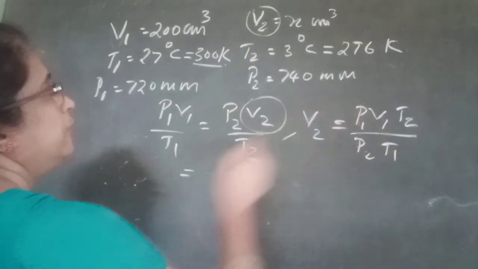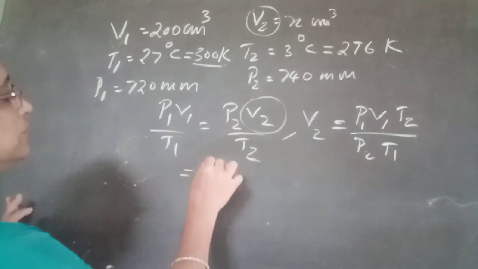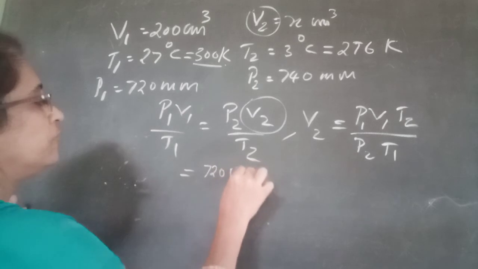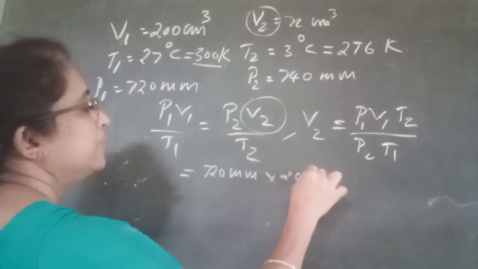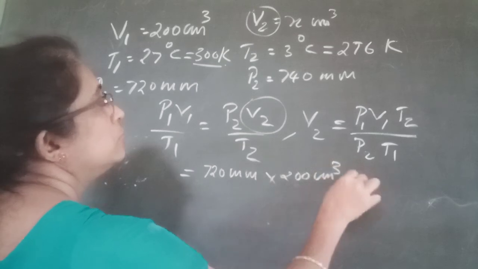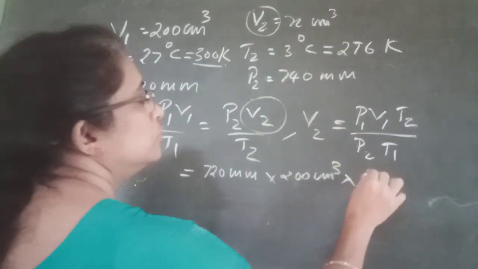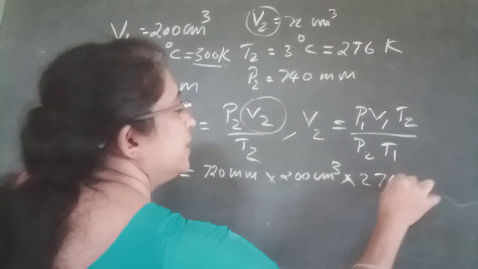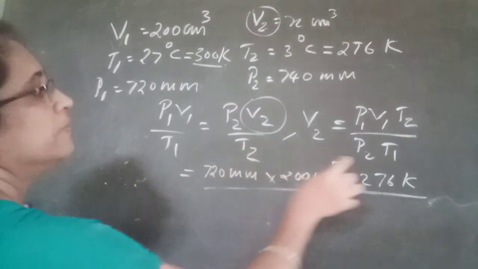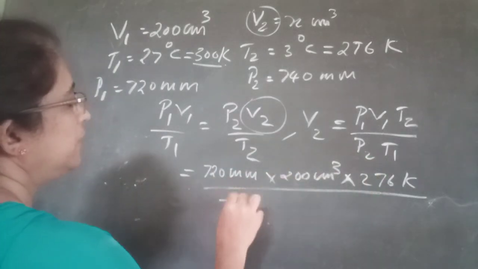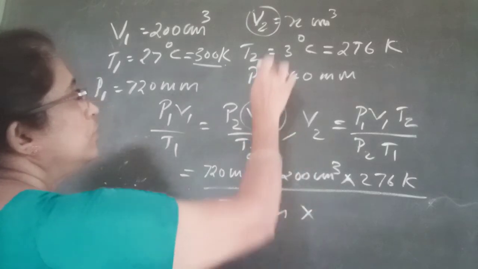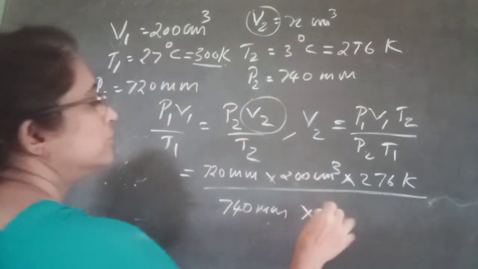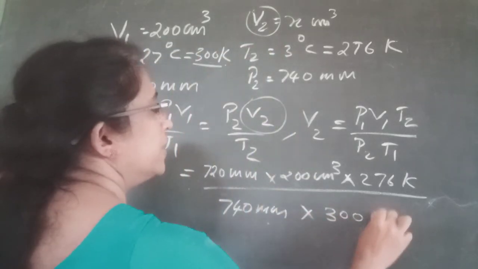Then substitute the values. P1 is equal to 720 millimeters of mercury into V1 is equal to 200 centimeter cube into T2 is equal to 276 Kelvin, divided by P2, the final pressure, 740 millimeters into temperature T1 is equal to 300 Kelvin.